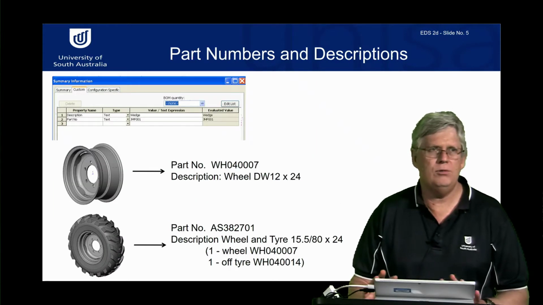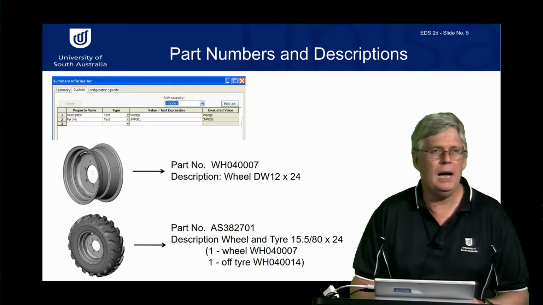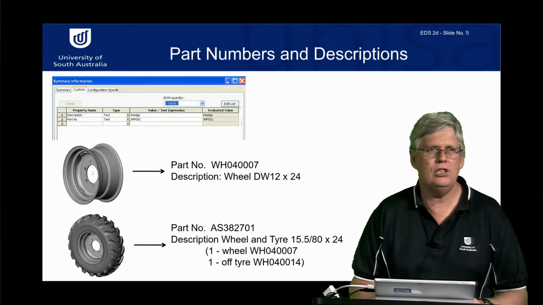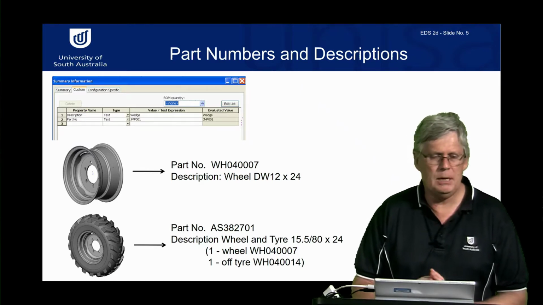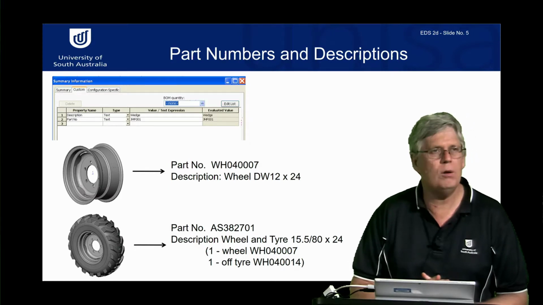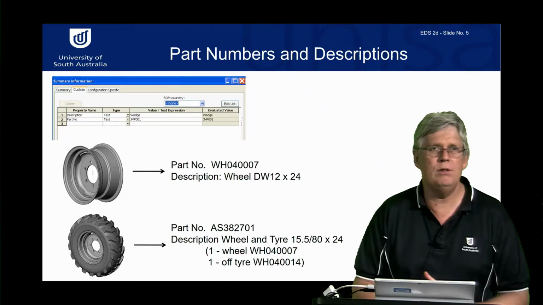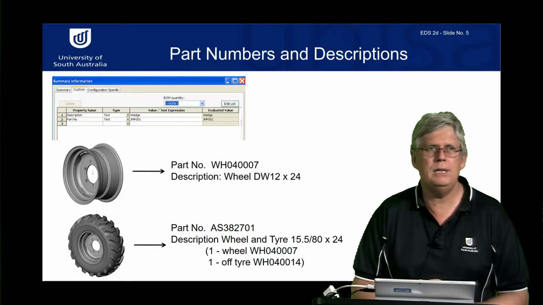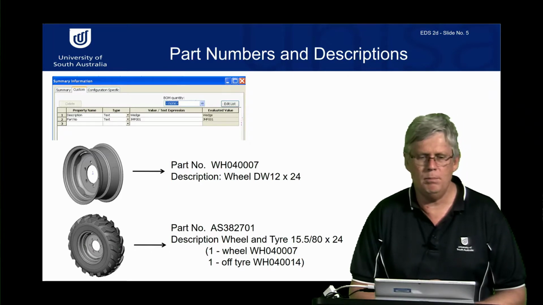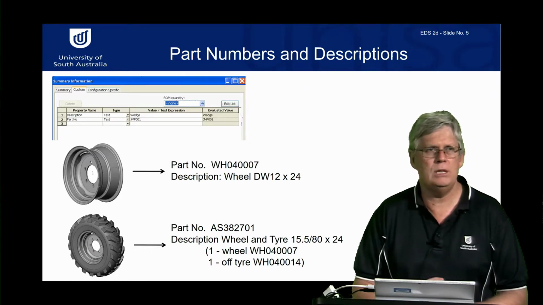So generally a part has a part number and a description. We can create them in SolidWorks under the custom properties, and in this course it's not so important, but if you're using it as a SolidWorks user, you would have these pre-set up so they pre-populate into your bills of materials.